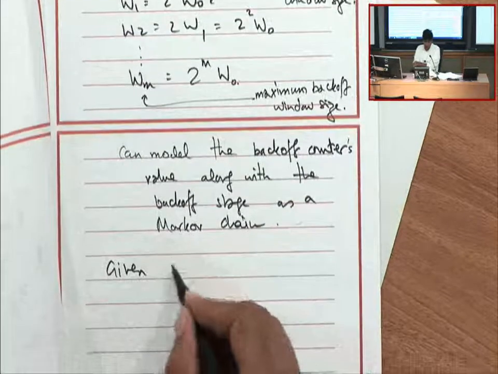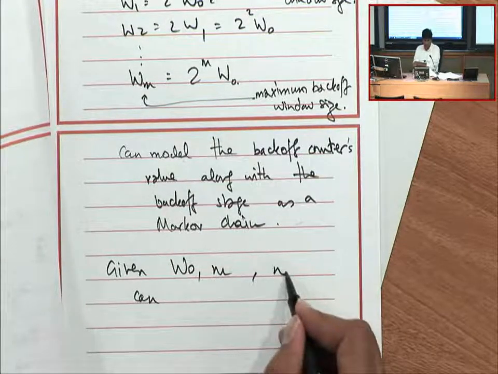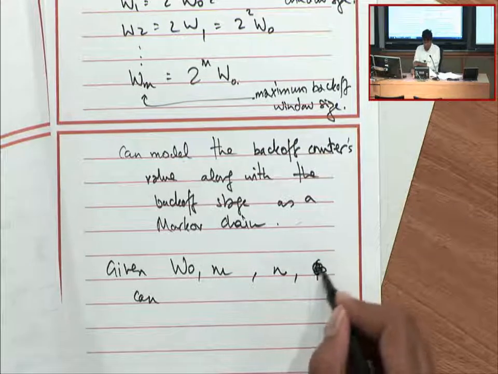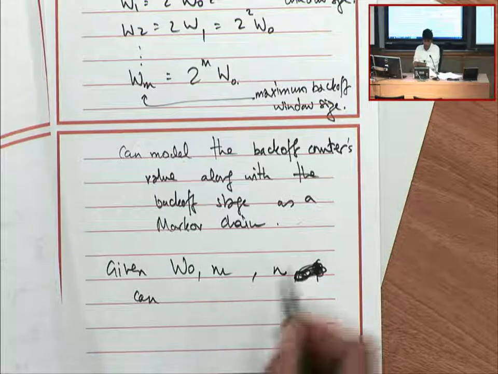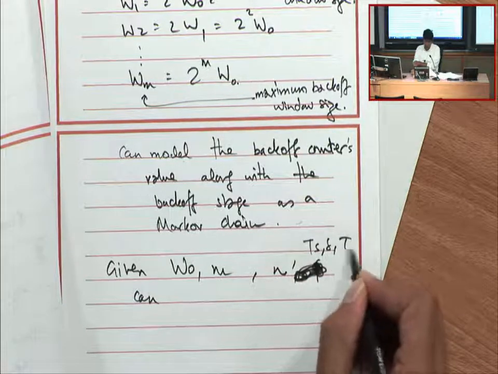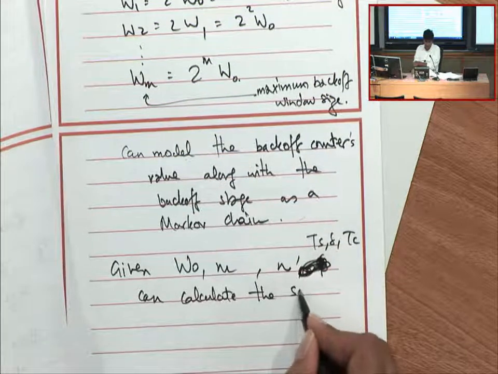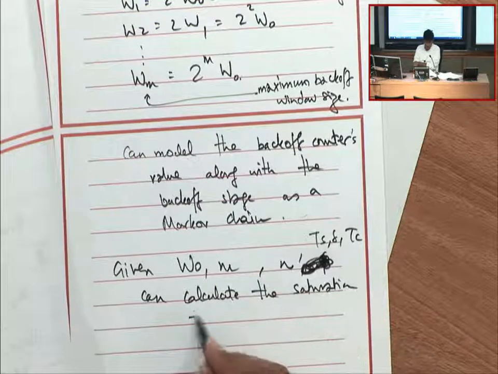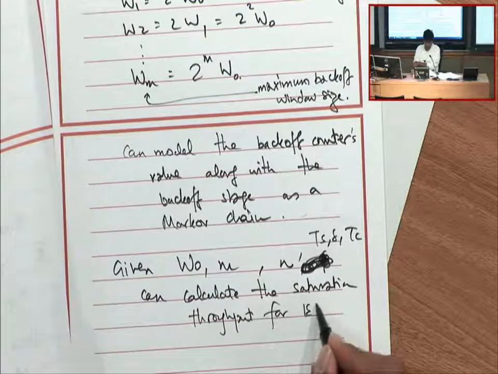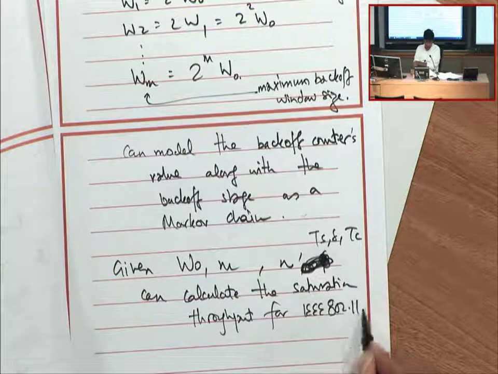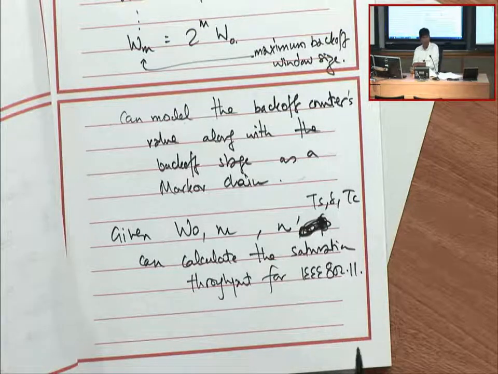So given W0, given M, given the number of users, given TS, delta, TC, we can calculate the saturation throughput for the IEEE 802.11 MAC standard.